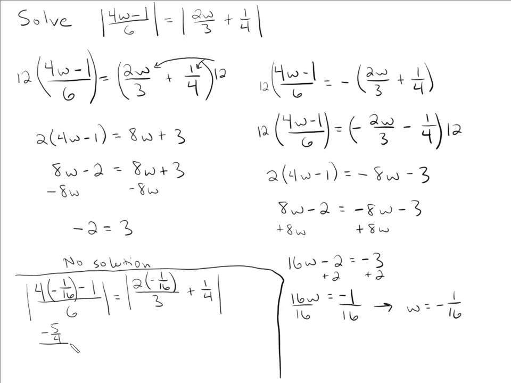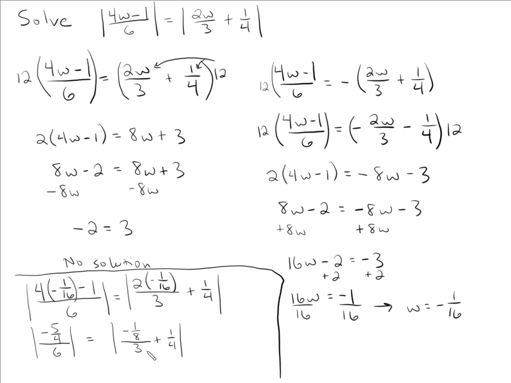And then that is itself over the 6 that we had there. And don't forget, this is an absolute value, so that negative is going to go away. If I do this on the other side, negative 1/16 times 2, that's the same as negative 2 over 16, or negative 1/8. So here we'll have negative 1/8 over 3 plus 1/4.